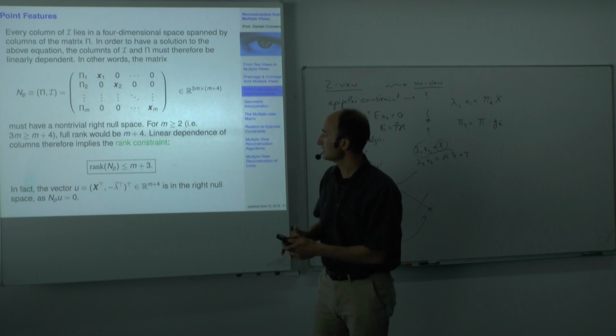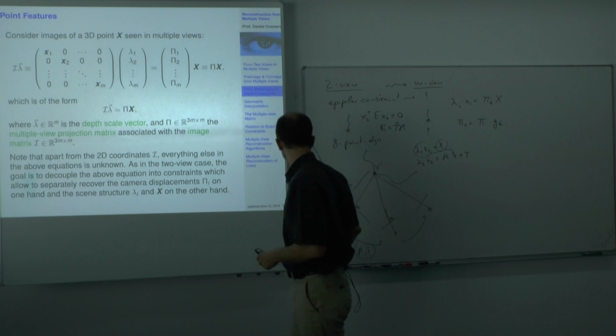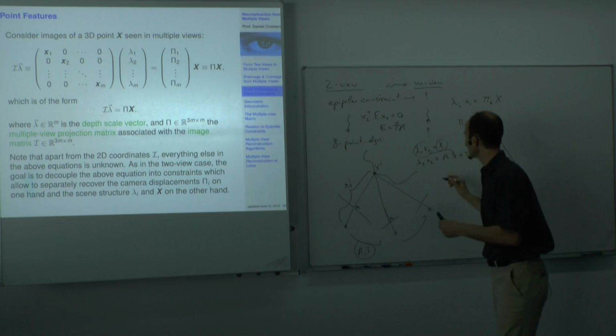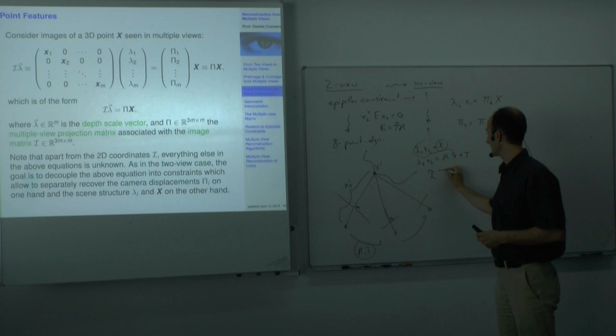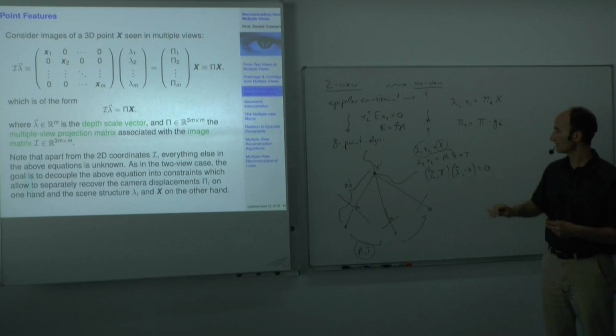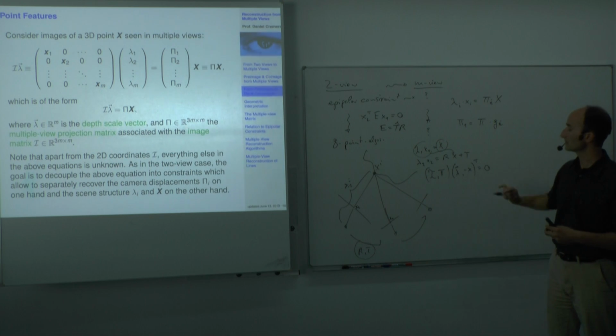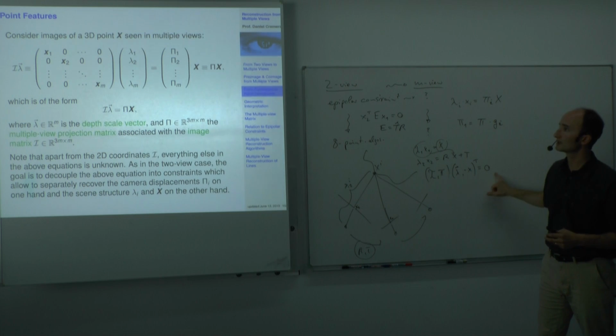And now the key idea is, if you look at this equation, it says I times lambda equals pi X. If we rewrite that equation, then we can write I pi times lambda and minus X equals 0, if you transpose, if you will. Because it's just rewriting: I times lambda minus pi X equals 0.